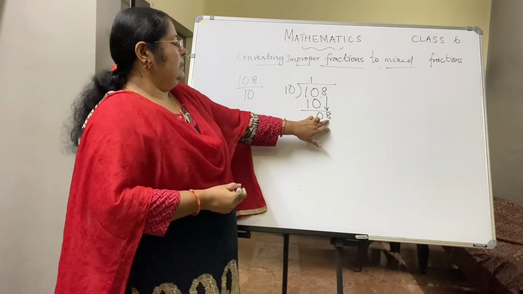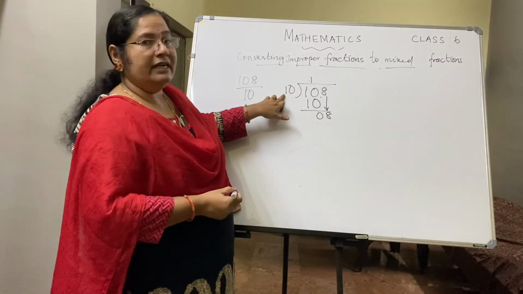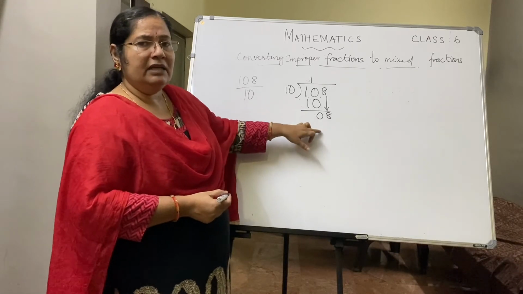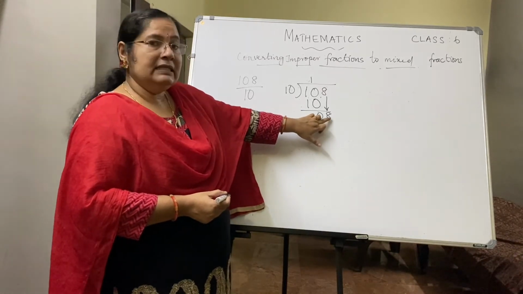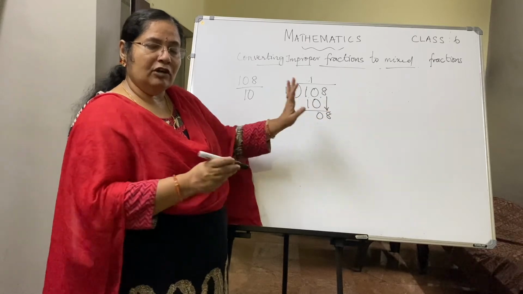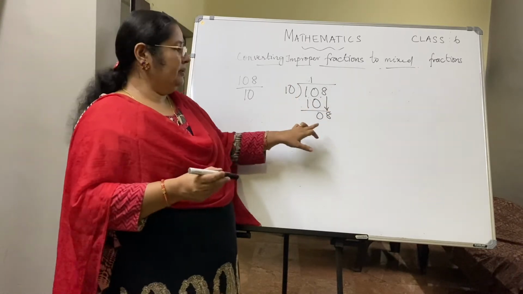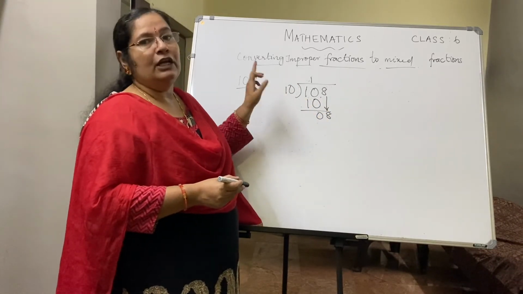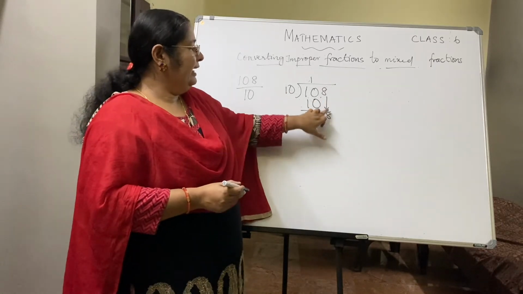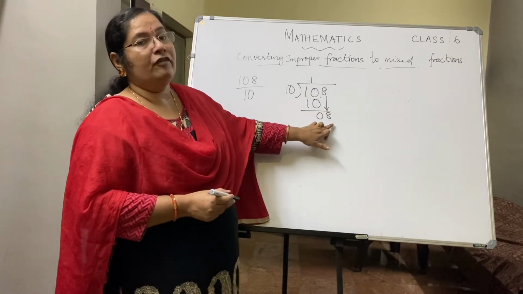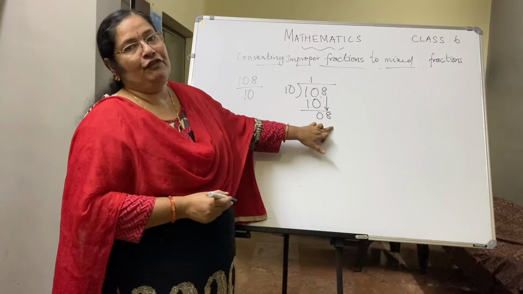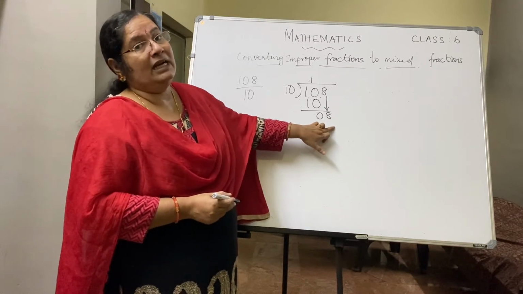Now this 8 is less than the divisor 10. So does it mean that at this stage this is the remainder, or do we stop the division there? Are you going to stop the division because this is less than the divisor? No, because this 8 we have just brought down. We have not done the division for this. This is not a remainder now.